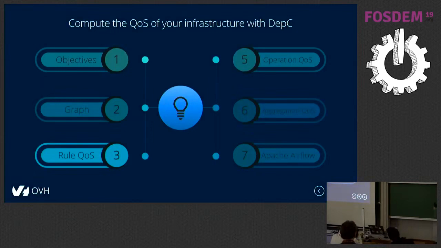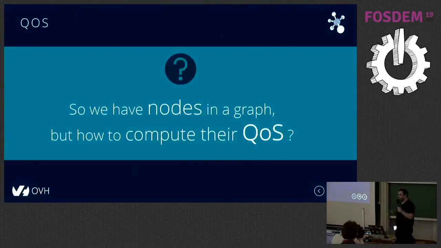Okay, so Anthony explained why we need a dependency graph in the DEPC project, and how we can handle the messages and transform them into nodes in Neo4j. Now you can ask us what is the link between a dependency graph and the QoS? How do we compute a QoS from some nodes in our Neo4j database?